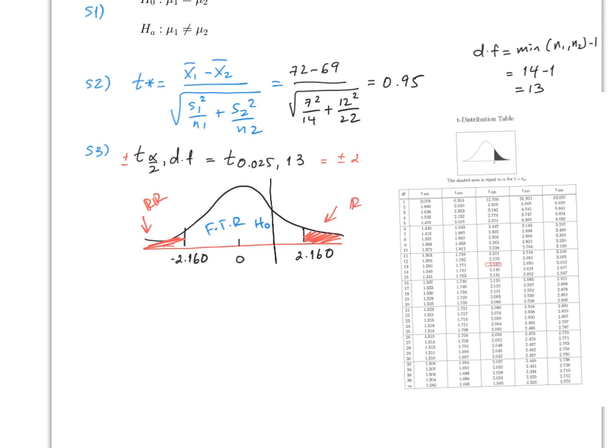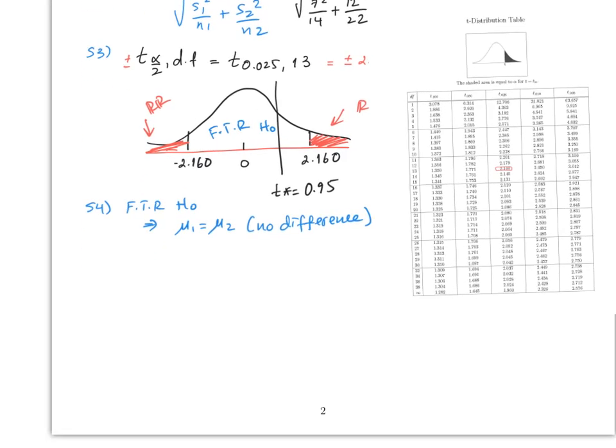Now 0.95 is somewhere here, which clearly is not in the rejection region. So therefore the conclusion will be fail to reject H0, which means that there is no evidence to reject the claim that mu1 equals mu2, which remember meant no difference between the two means.